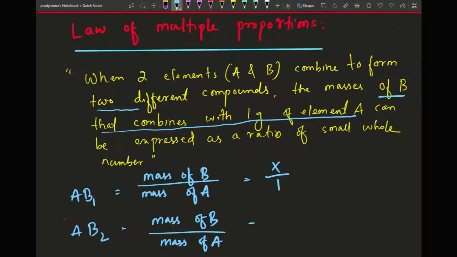You divide and find a ratio that's x to 1, and let's call this y to 1. Can be expressed as a ratio of small whole numbers.